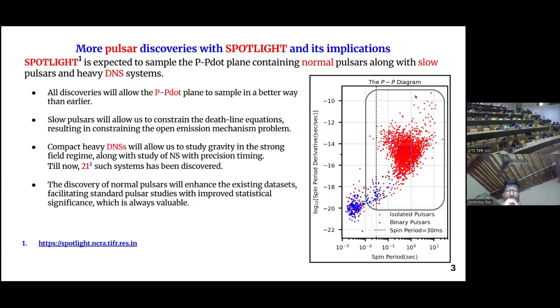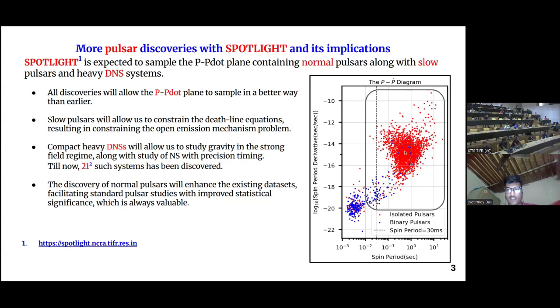So at first, what are the types of pulsars we expect to search using the Spotlight system? The Spotlight system has a commensal sampling time of 1.3 millisecond. Because of the sampling time, we are mostly sensitive towards the normal and long period pulsars. Here you can see this P-Pdot diagram, where there are two kinds of bimodal distribution of the pulsars.